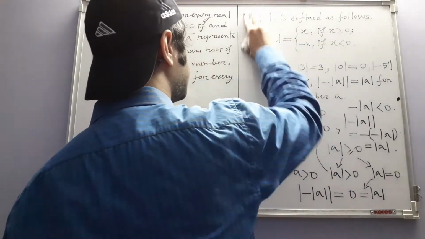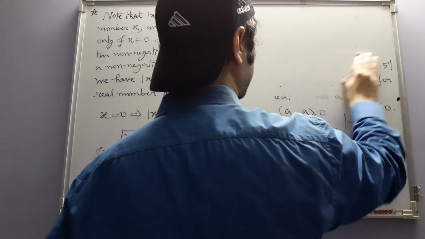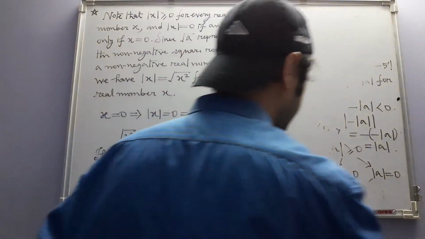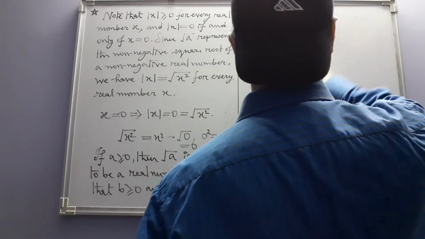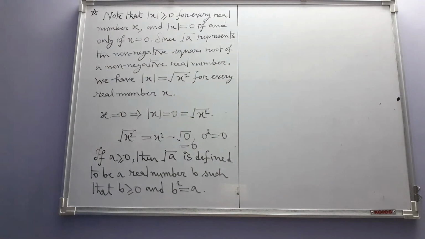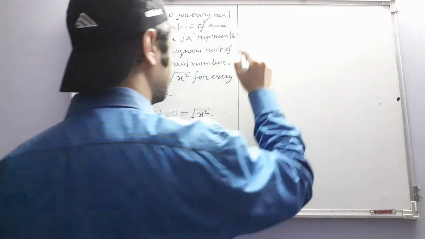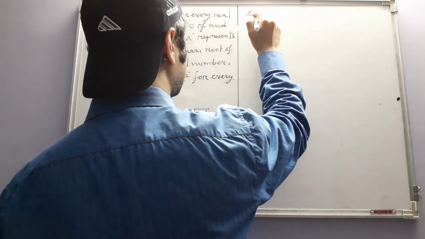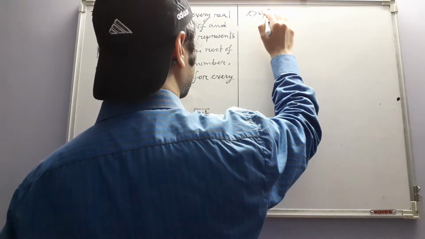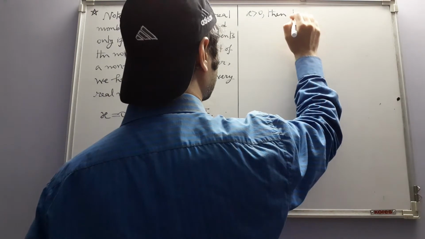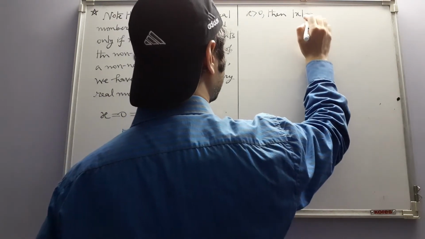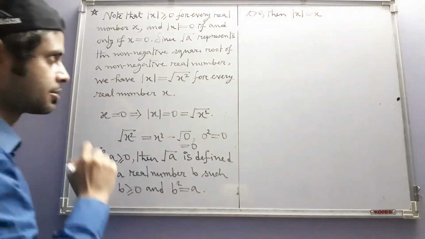Next, what happens if x is non-zero? Or say, if x is positive, and then we will see the negative case also. If x is positive, then this by definition is equal to x.